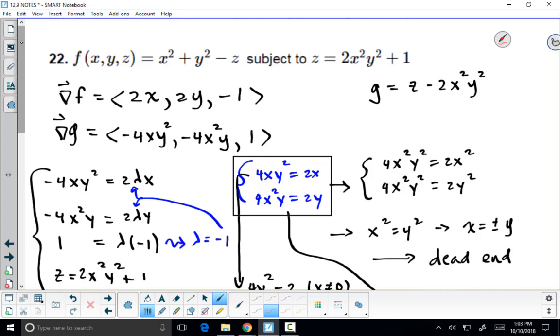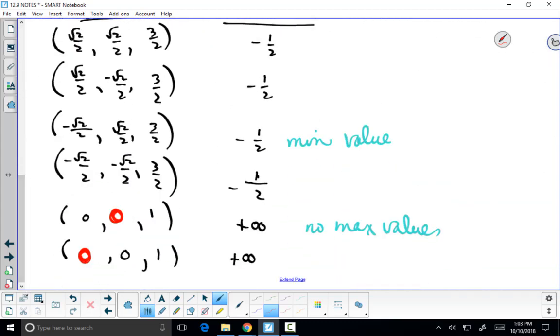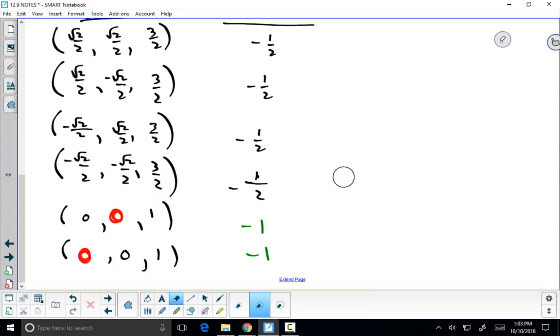So if we did 0, 0, 1, the function value would be -1. So down here, these guys are actually -1, both of these values. We just have to talk about our conclusion.